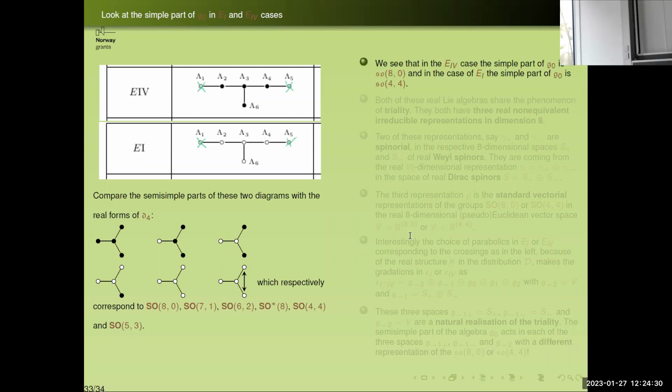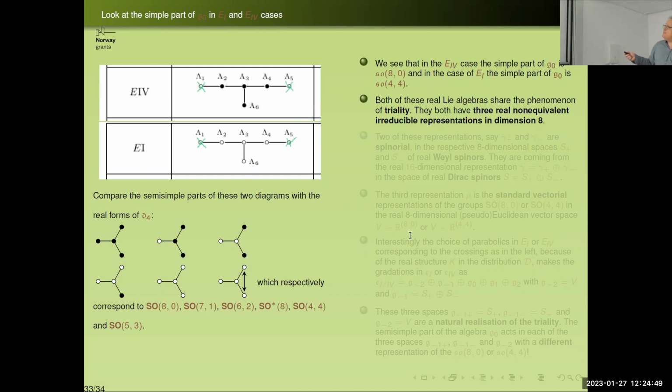So as I said, if we cross these things, meaning if I have my para-CR structure of type E4 or E1, then the G0 there is SO8 or SO44. Both of these real algebras share the phenomenon of triality.